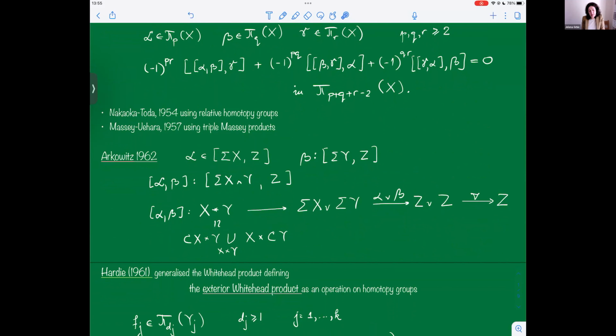If you are looking at the group of homotopy classes of maps from any suspension into some topological space Z, then we can define the Whitehead product of two such maps, alpha and beta, in the following way.